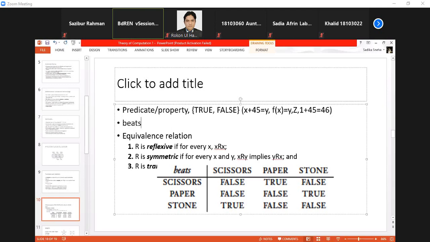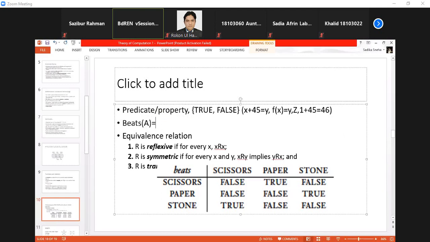The function name here is beats. And we can say the first one is A, and the function maps to B. A holds the values scissors, paper and stone.